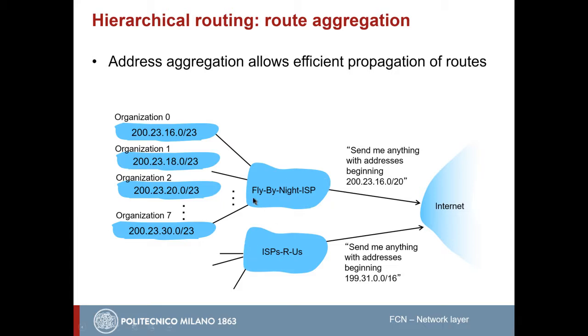So this is an example of a route aggregation that is carried out on these blocks. Another example of route aggregation: here we have /23, and the comprehensive block is /20. This is to aggregate all these networks, and this is another network.